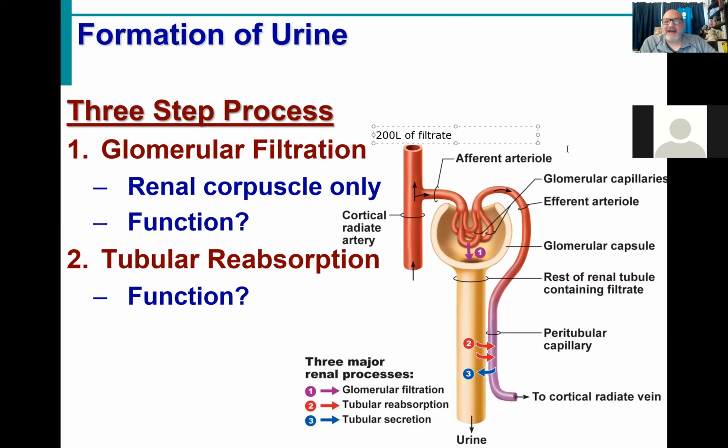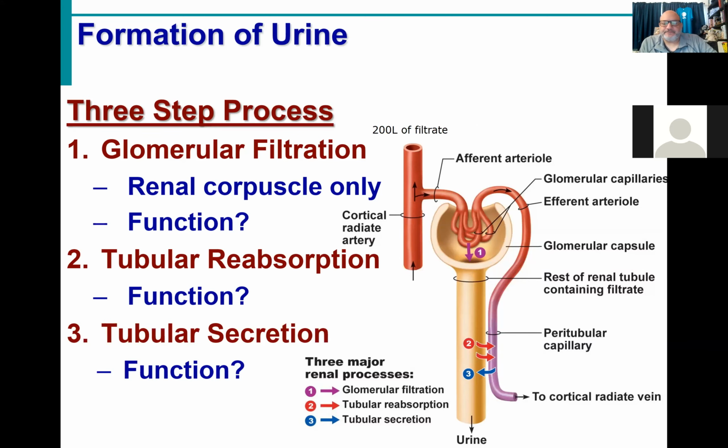So obviously the vast majority, over 99% of that, needs to be reabsorbed back into the blood supply. But there's still going to be some stuff in that blood we need to get out as well. So again, we've got it as a 1, 2, 3-step process, but remember, tubular reabsorption and tubular secretion are basically occurring at the same time.